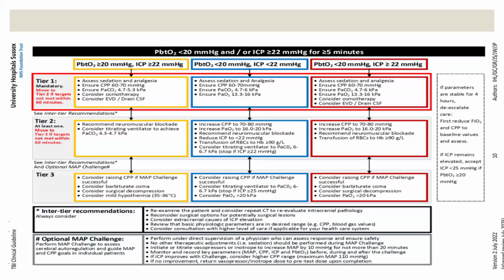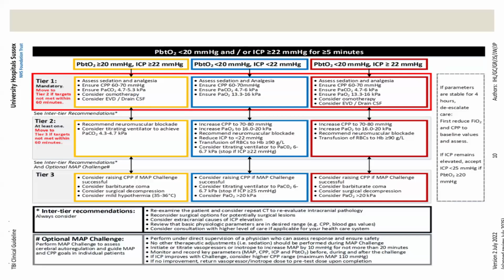If brain tissue oxygenation is less than 20 and ICP is also less than 22, then the following measures we need to follow: assess sedation, analgesia, CPP should be between 60 to 70, PaCO2 between 32 to 35, and maintain adequate oxygenation level.